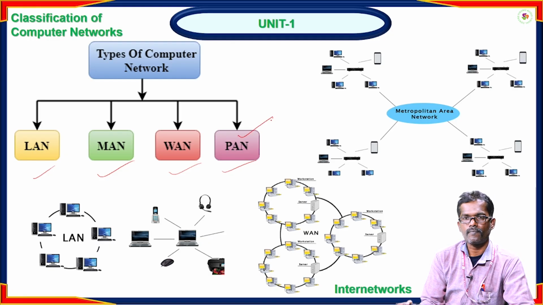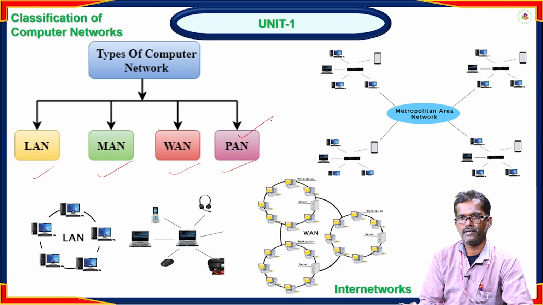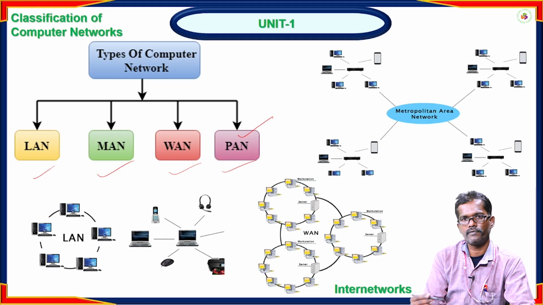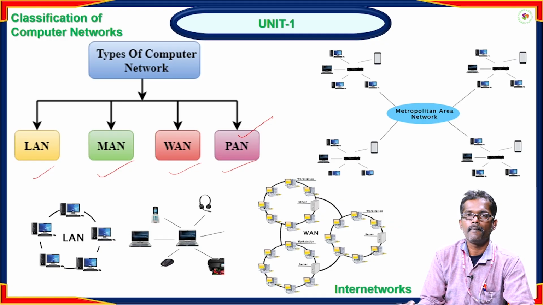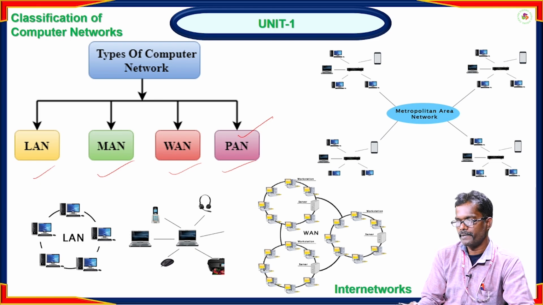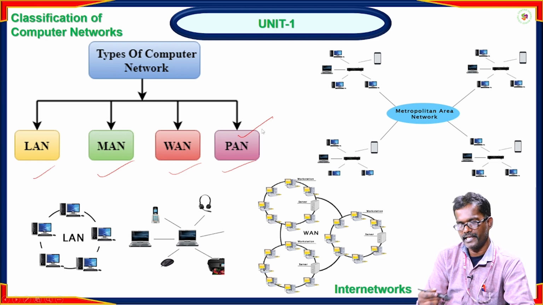PAN, personal area network. If we use our mobile phone, another person can access the internet through our mobile phone. It may be Bluetooth sharing or infrared or hotspot. Everything comes under this PAN, personal area network. The distance is 1 to 100 meters, within a room.